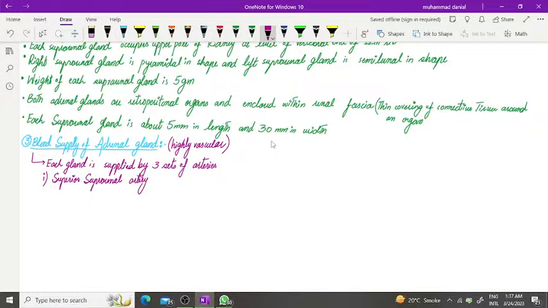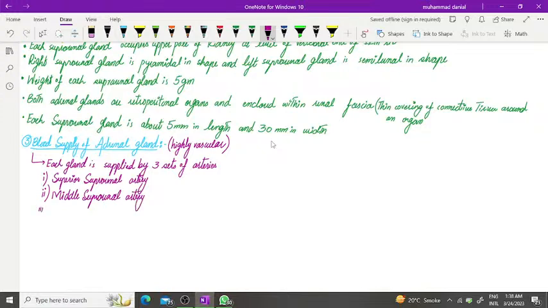This is going to supply the oxygenated blood to the adrenal gland. The second subtype is the middle suprarenal artery.